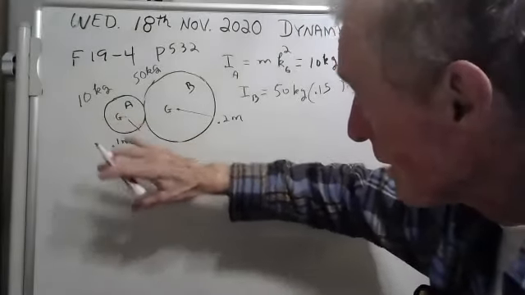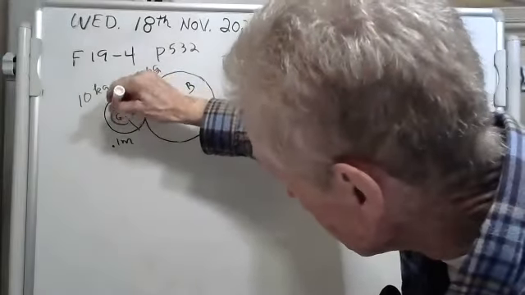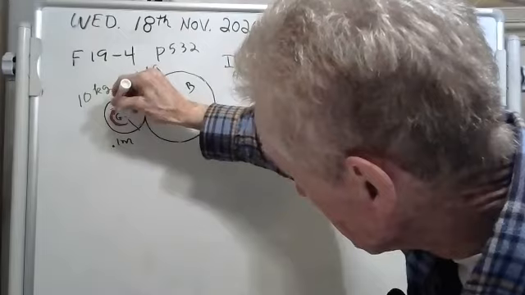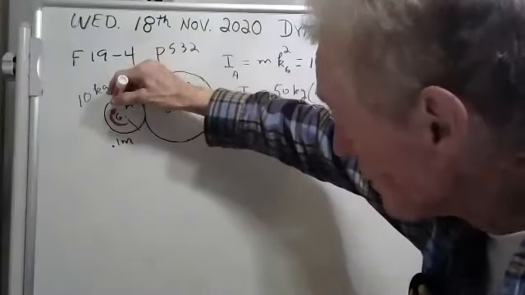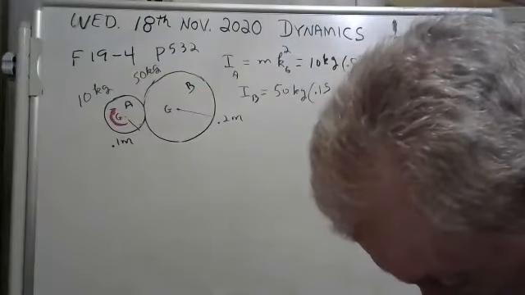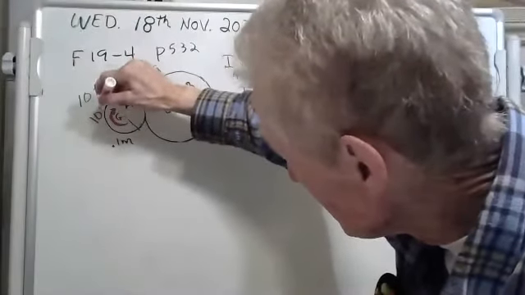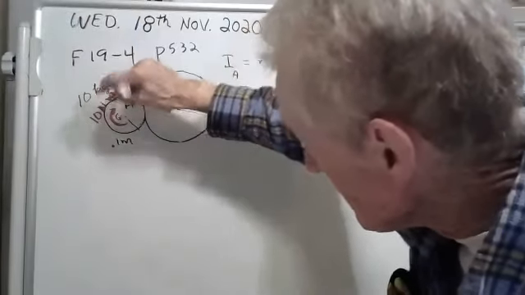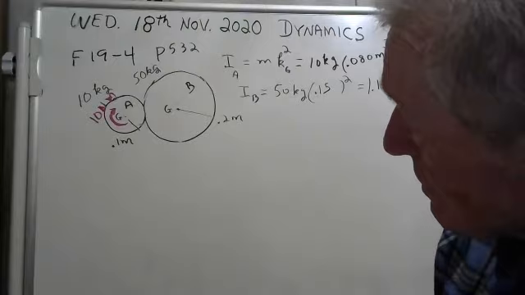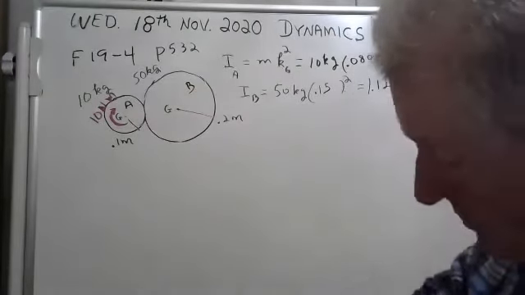But I tell you what you do have, you have a couple. It's a spin, it's a twist. So it's a moment. And that moment is 10 Newton meters. It's 10 Newton meters. Is trying to spin that gear clockwise. Well, you understand that's going to make this gear go counterclockwise.